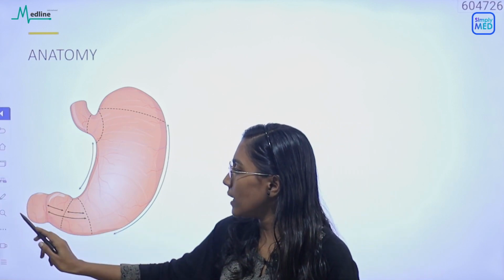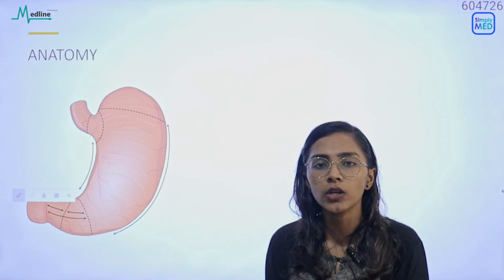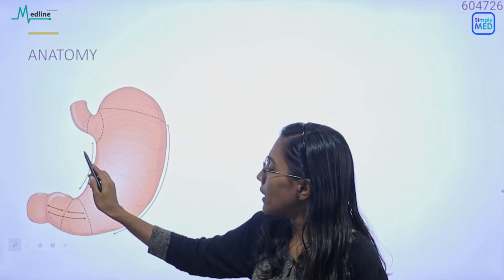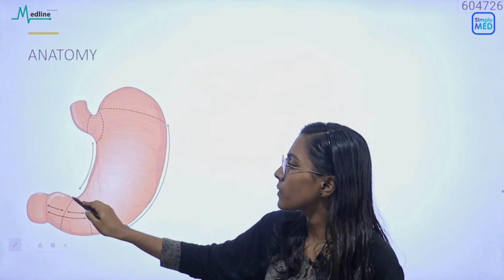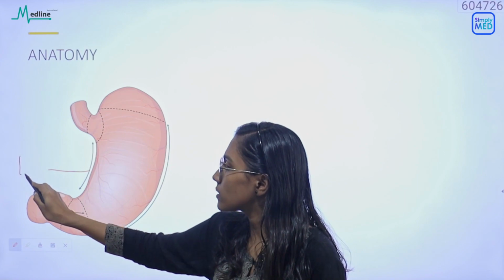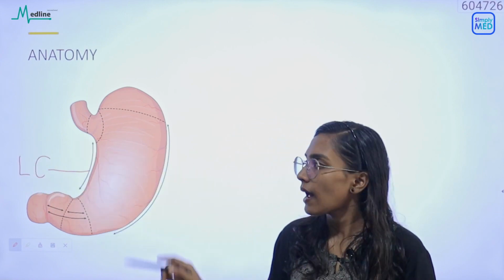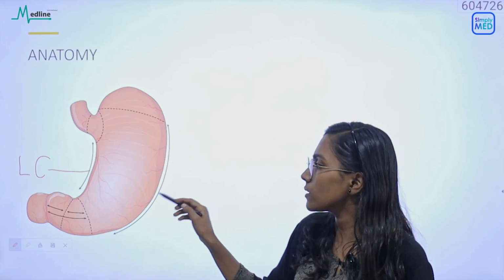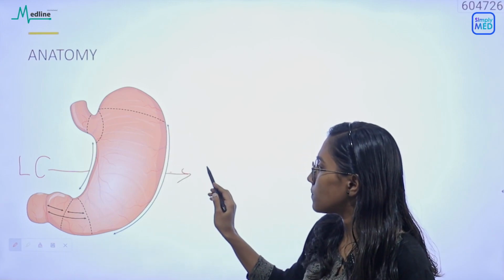Other than these parts, the stomach has two curvatures. This smaller one is the lesser curvature, and the one on the outside portion which outlines this side is the greater curvature.